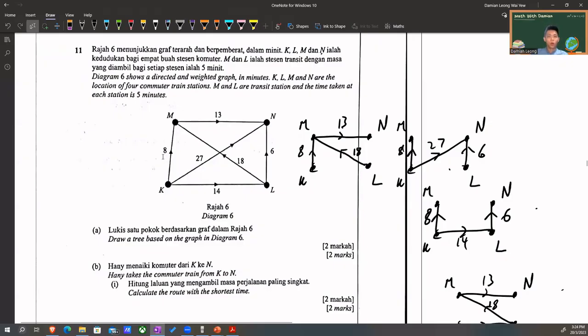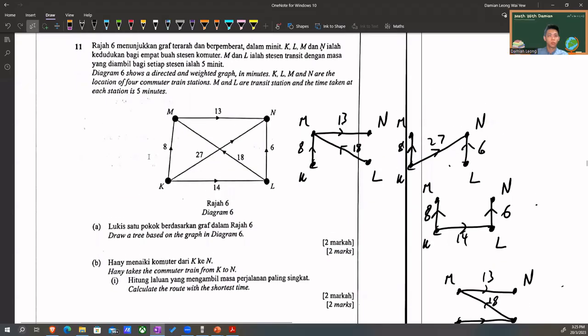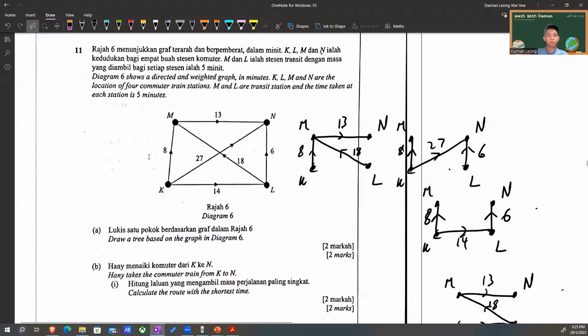So to go from K to N, shortest time. So it will probably be either this way or this way, because this one already 27 minutes. Yeah. So even here, extra 5 minutes, 21 plus 5, 26 is still shorter.